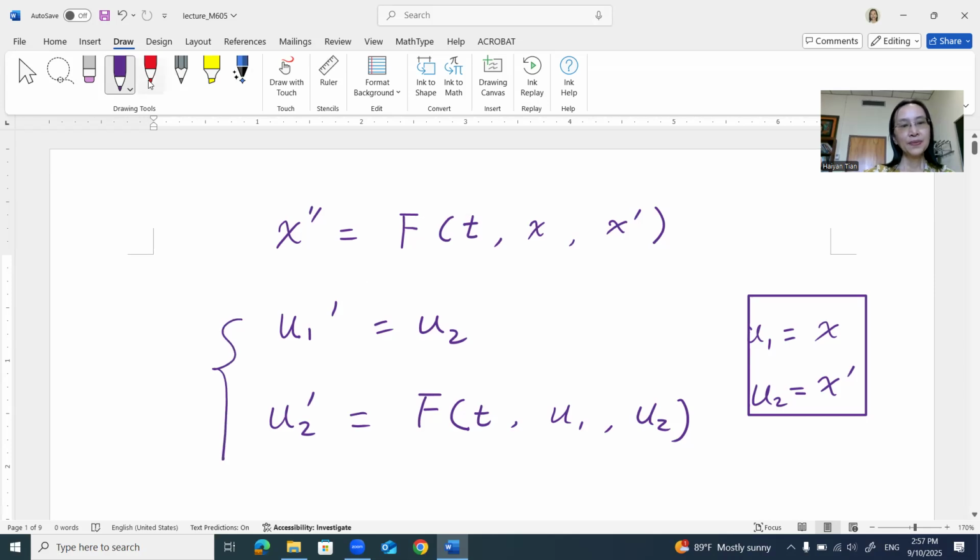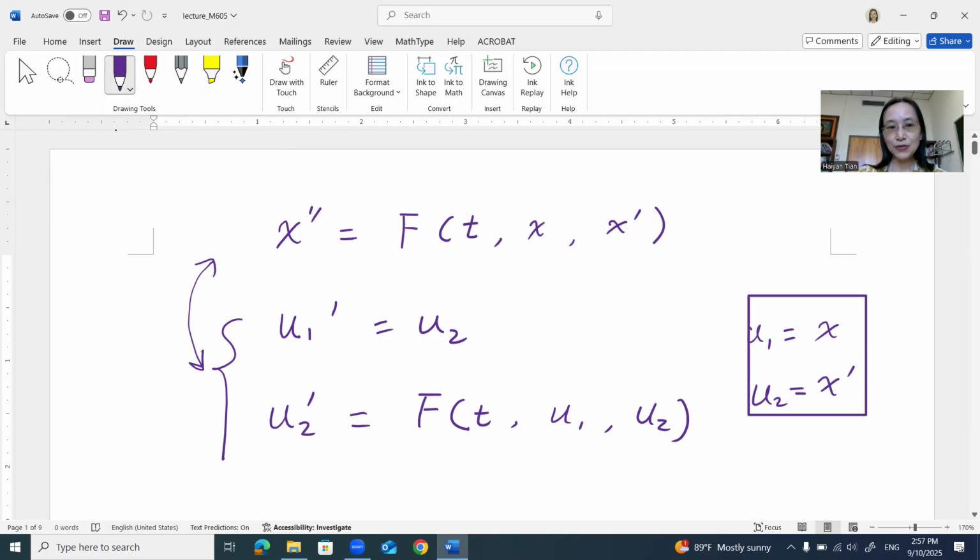Now we have written the original problem into a system of two equations. So you see, reduce the second order to first order, we get two equations. The original problem of one equation has become a system of two equations.